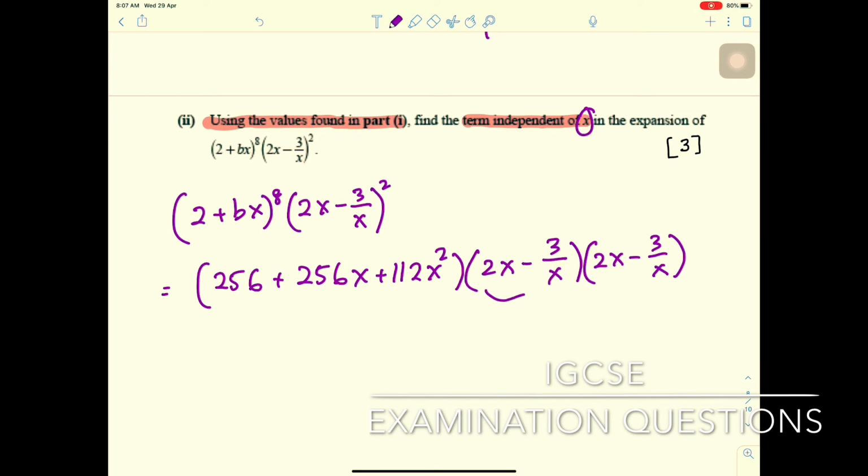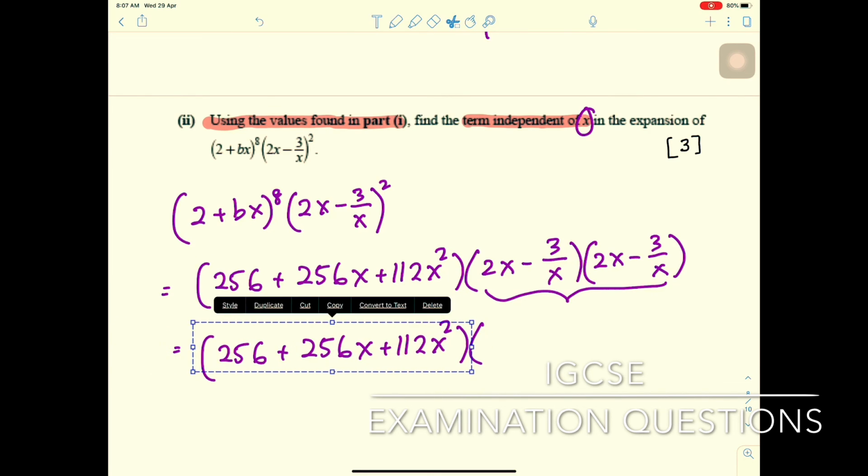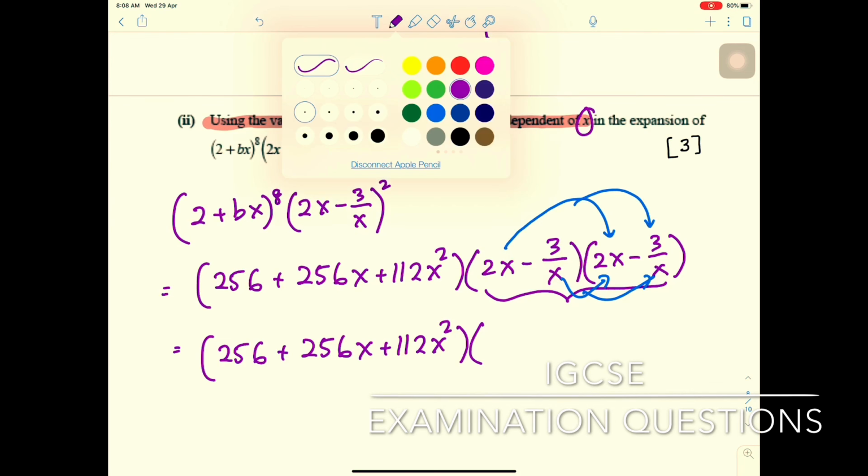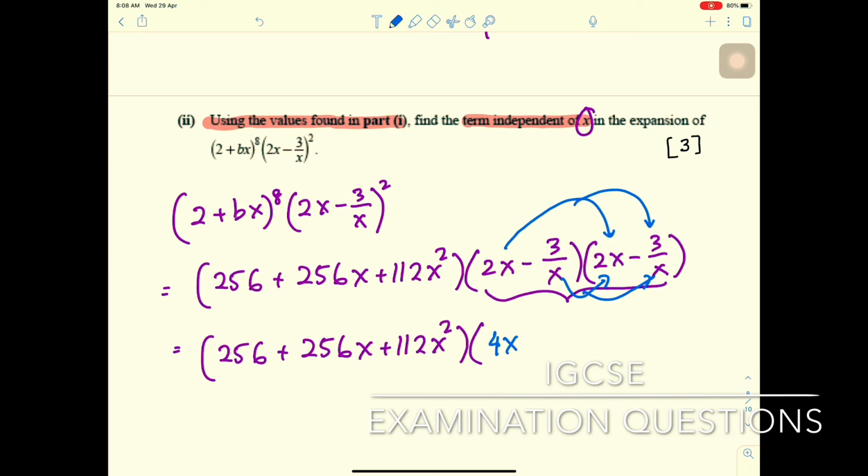If you expand this properly, then you get 4x squared minus 12 plus 9 over x squared.